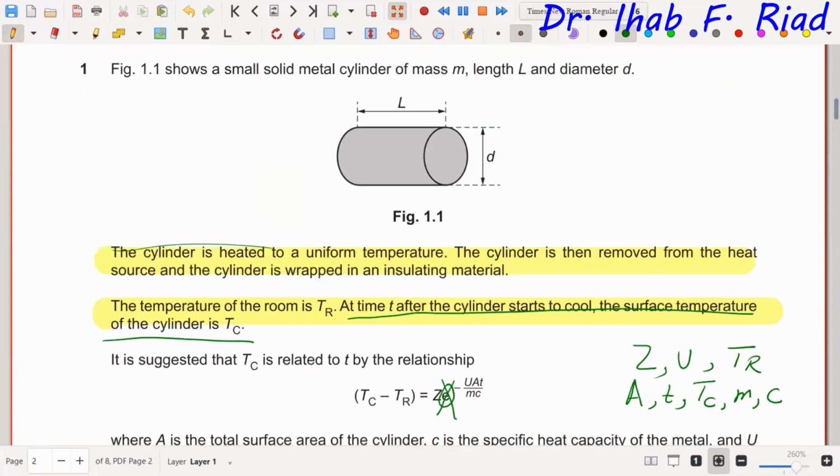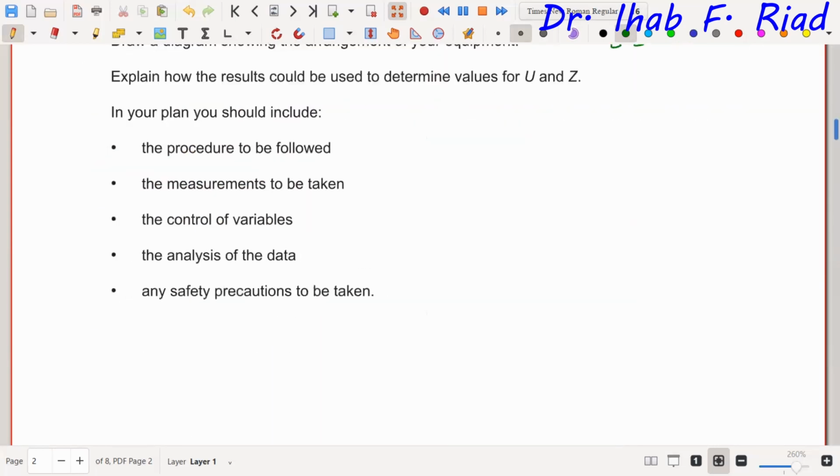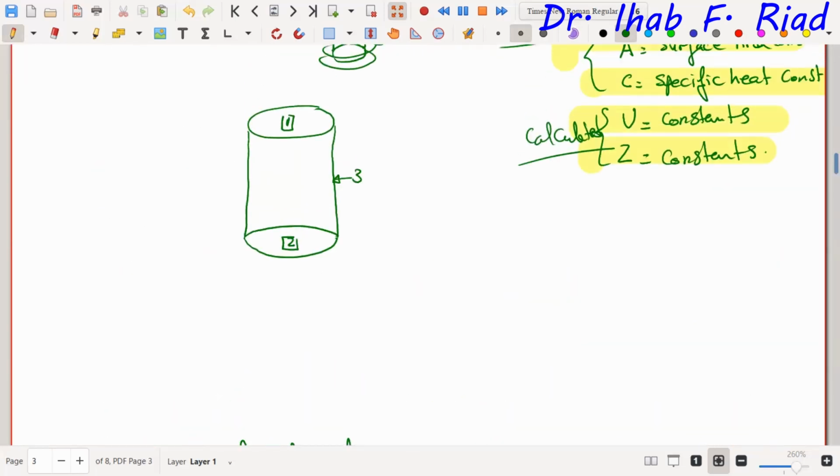We have D. We are going to use a caliper to measure D, the diameter over here. What is the surface area of this top surface?